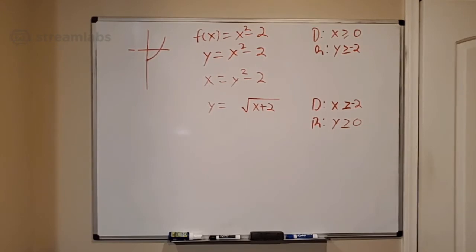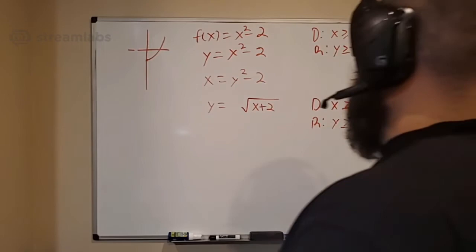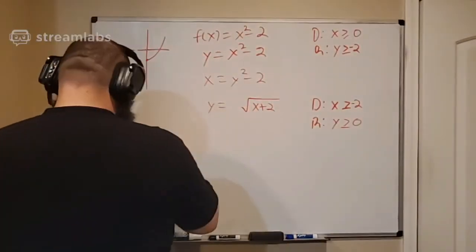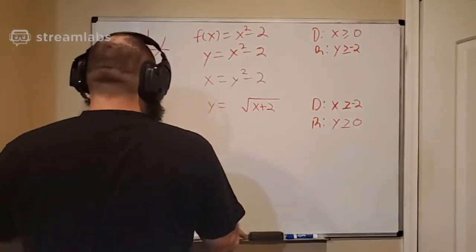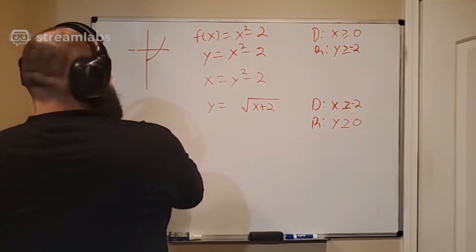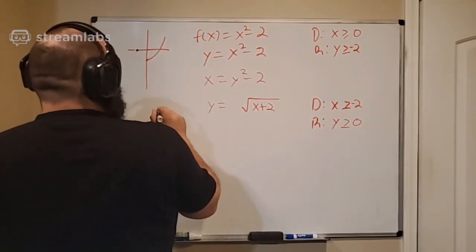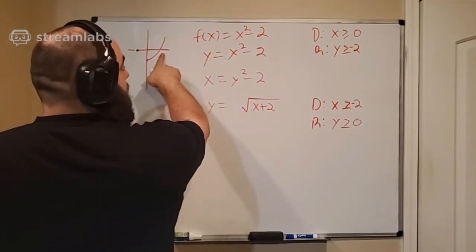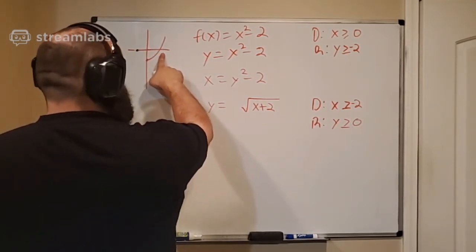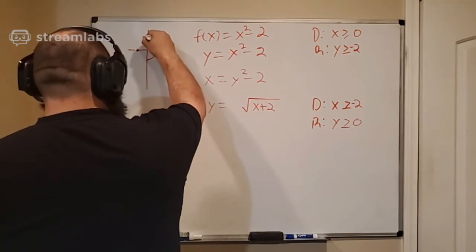We already have one of the graphs done. Remember, it's really easy. All you have to do is switch your x's and y's. So I'll try to do it in a different color. I don't know if you'll be able to see it or not. So this is 0, -2, so we go to -2, 0 over here. And then whatever value that would be, which is square root of 2. So that's going to be square root of 2, that's square root of 2.